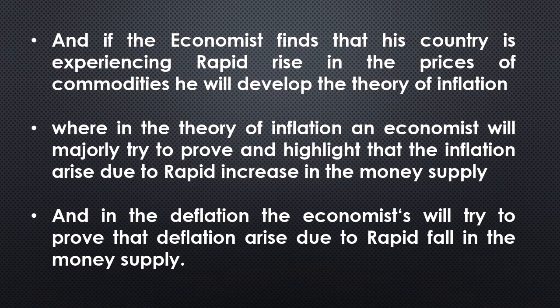And if the economist finds that his country is experiencing a rapid rise in the prices of commodities, he will develop the theory of inflation, where an economist will majorly try to prove and highlight that inflation arises due to a rapid increase in the money supply. And in deflation, the economist will try to prove that deflation arises due to a rapid fall in the money supply.